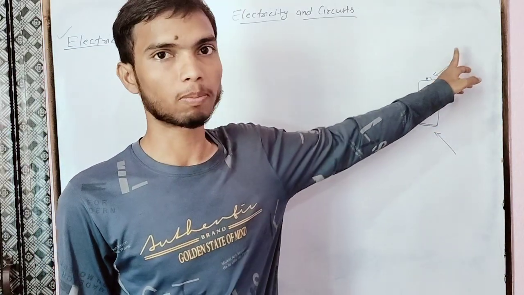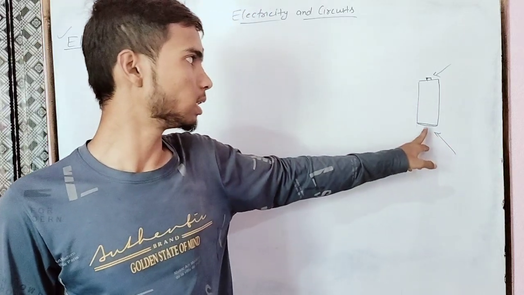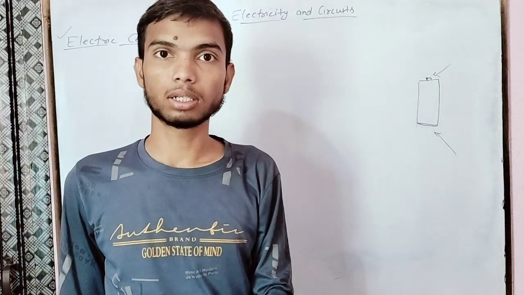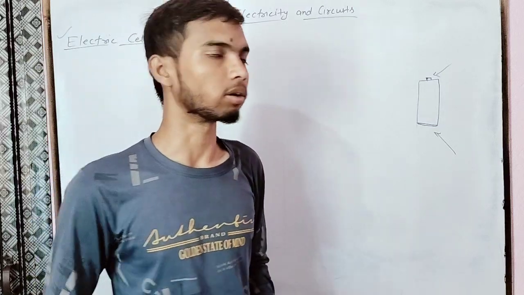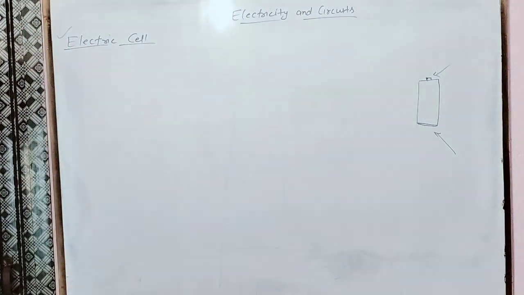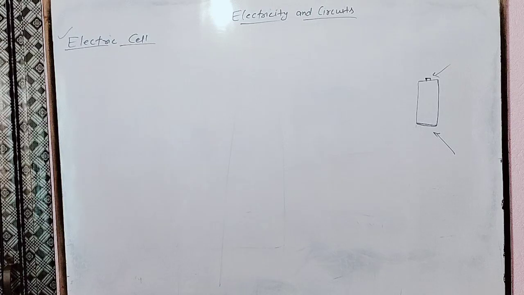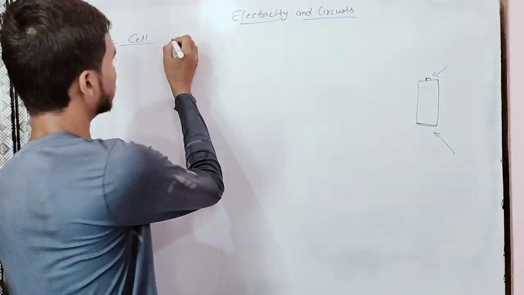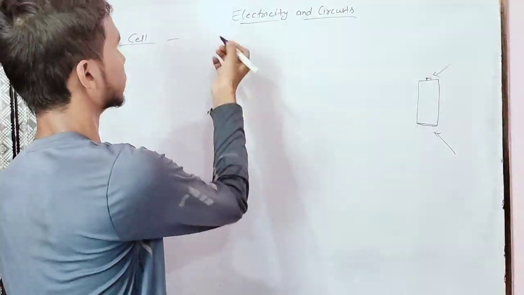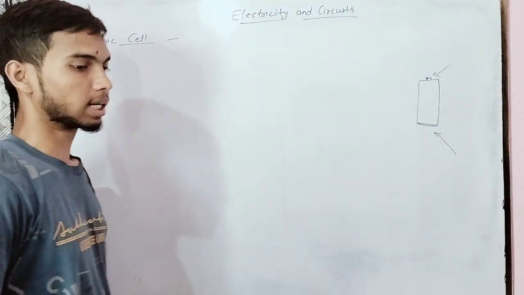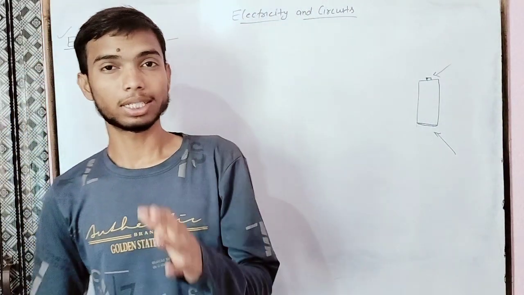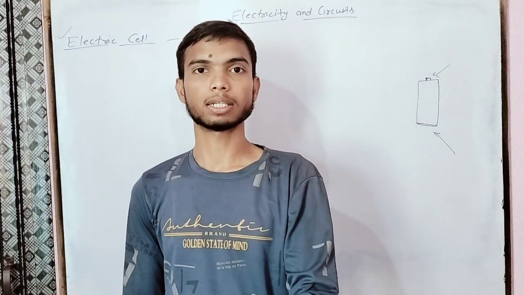It will start from the plus terminal, then it will go to the negative terminal. So it produces electricity. Remember, an electric cell is a device that produces electricity.